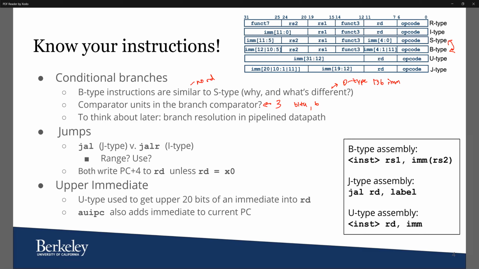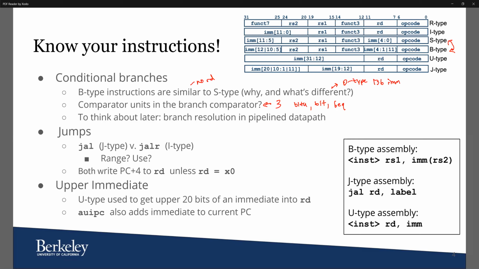Not quite. Branch greater than or equal to is actually just not branch less than. So the 3 are branch less than unsigned, branch less than, and branch equal. Those are the only 3 comparisons that are being made inside the branch comparator. You can derive all of the other branch instructions from one of these 3 outputs.